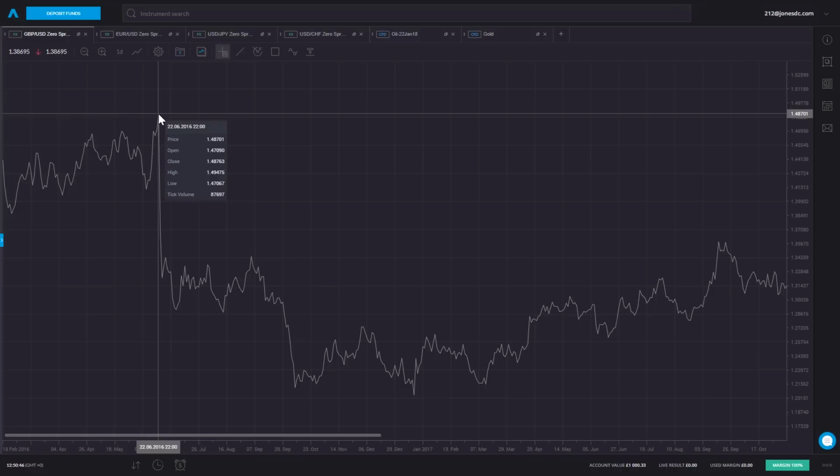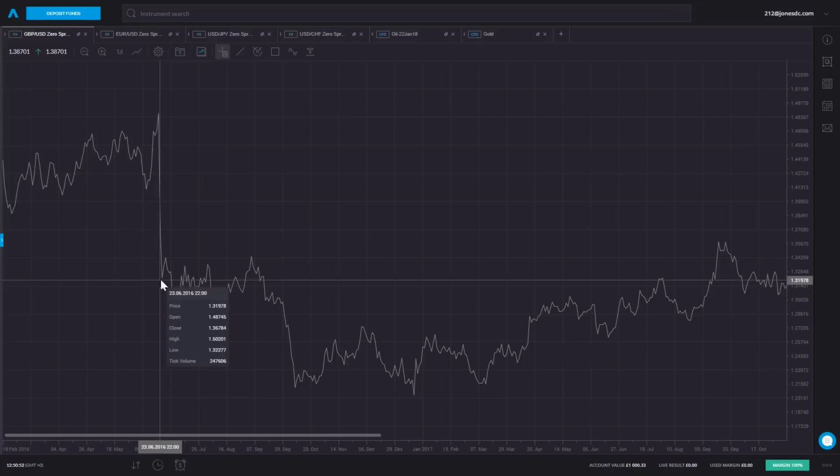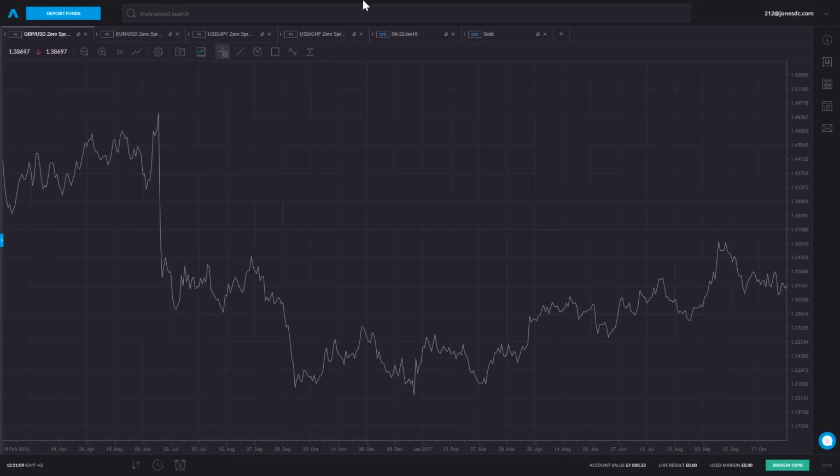So you can see the night before, a pound would buy you $1.48. The very next day, or over the next couple of days, because of the volatility, it would only buy you $1.32. So we saw a drop, again, of more than 10%, but this time it took almost a matter of hours to play out. So that shows how extreme political uncertainty or political shocks can really affect a country's currency.